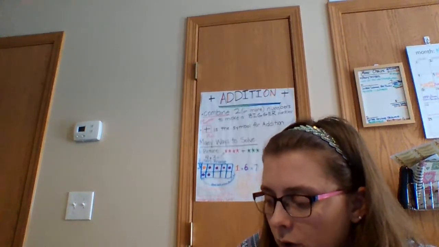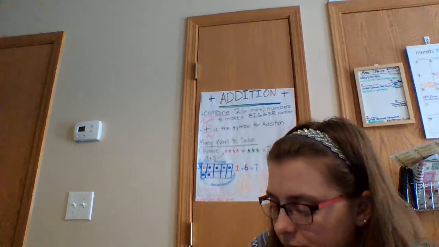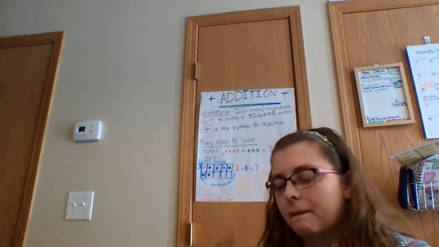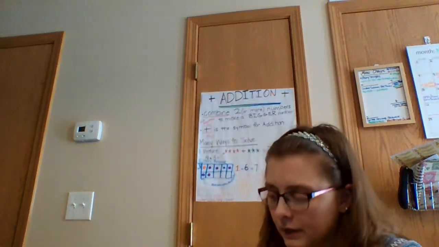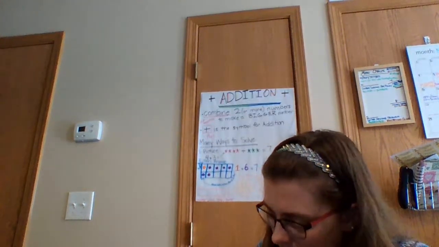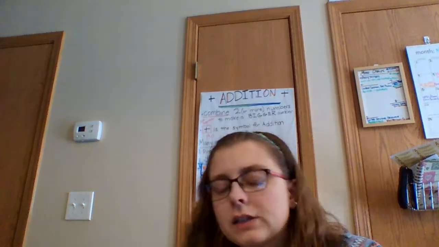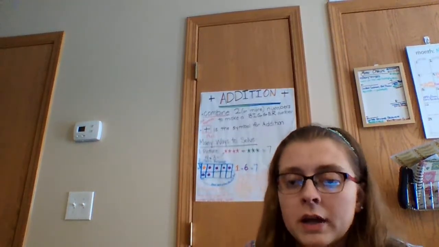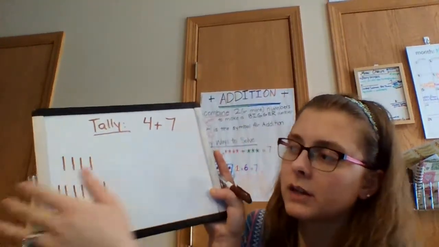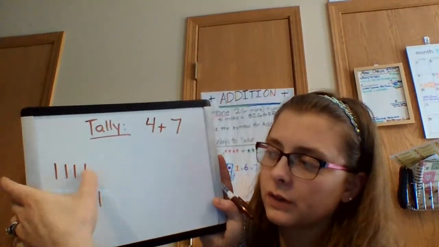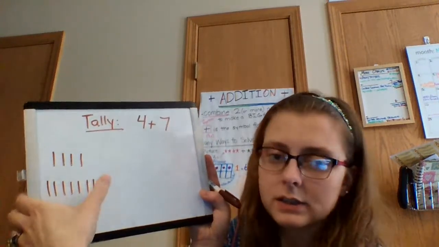Let's try 4 plus 7. I'm going to draw 4. 1, 2, 3, 4. And then I'm going to draw 7 underneath it. 1, 2, 3, 4, 5, 6, 7. Now, in the tally strategy, it does usually help to count them out loud as you draw, just like I did. So as I drew 1, 2, 3, 4, 1, 2, 3, 4, 5, 6, 7.